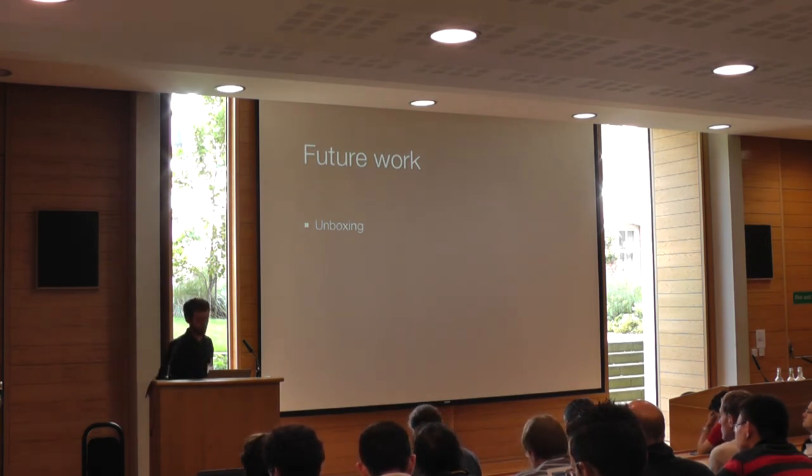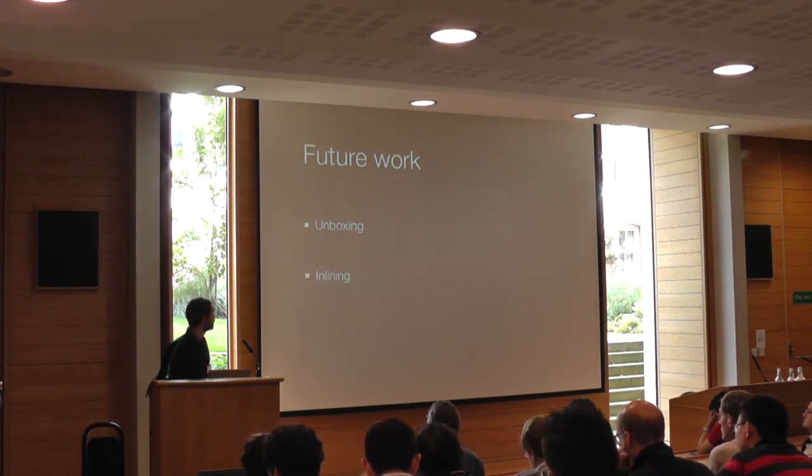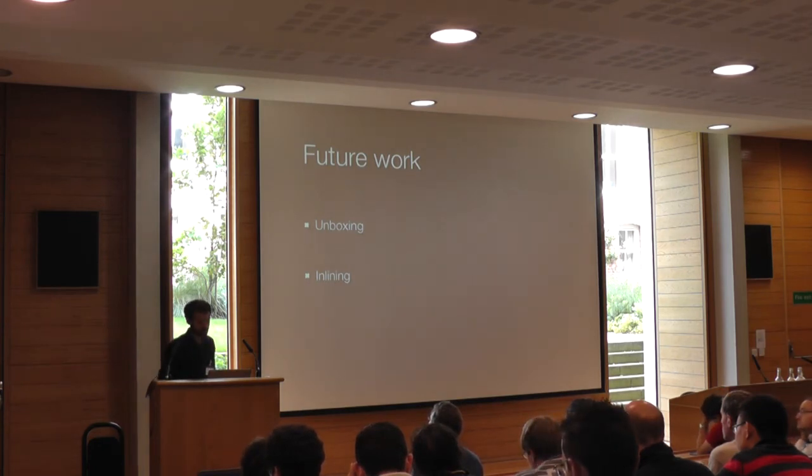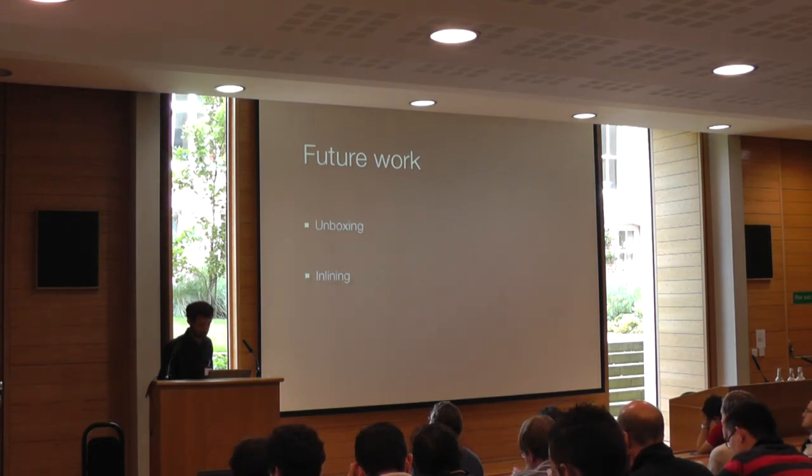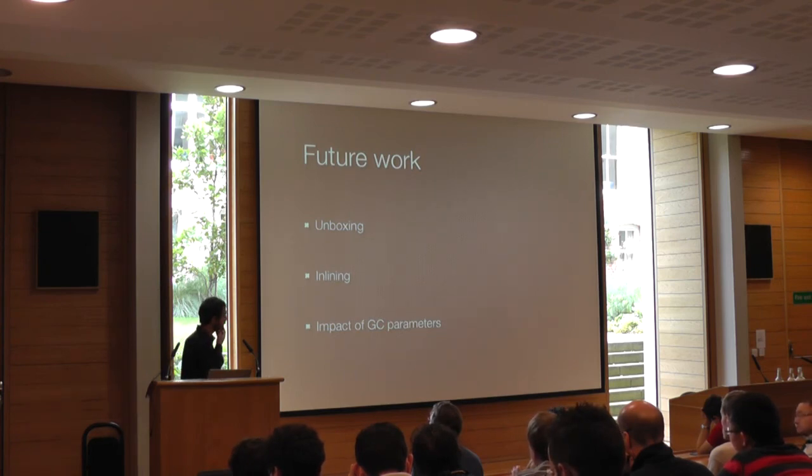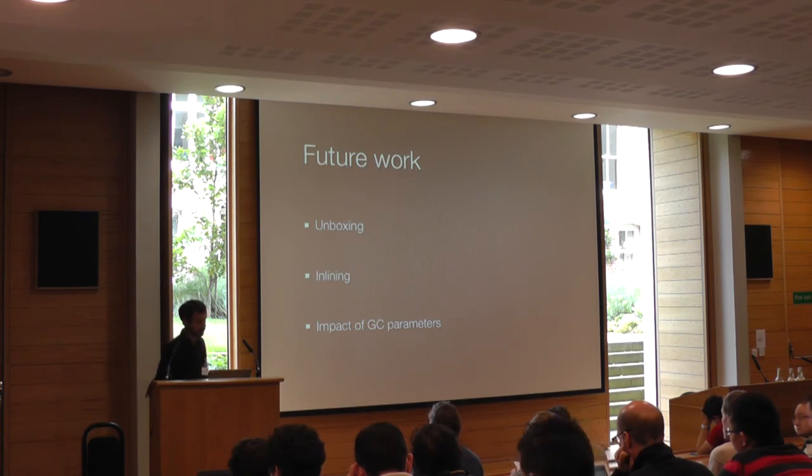And this is where you will get the same performance. Some work should also be done on inlining, but it is mainly to give you more opportunities to do unboxing. And related to what I just said, I have to investigate the impact of garbage collector parameters on execution time, which are not required for now.